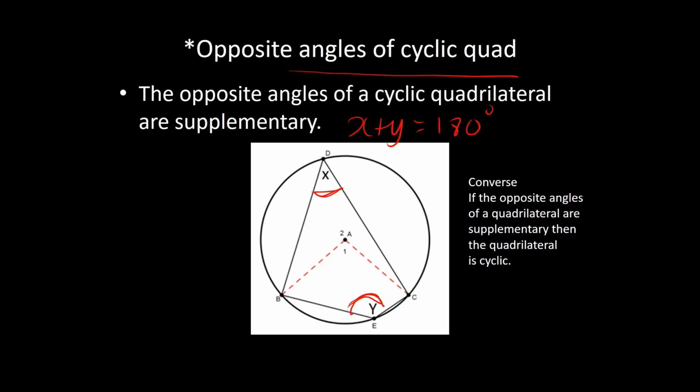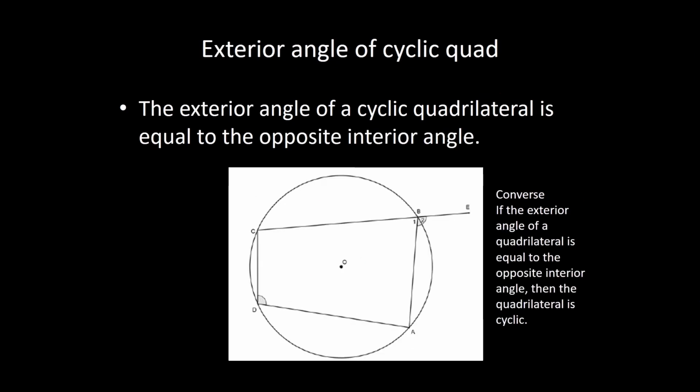The converse of this, which is what we will use to prove that a quadrilateral is cyclic, is that if we know that X plus Y, which are angles in a quadrilateral, are in fact supplementary, so they do add up to 180, it means that the quadrilateral must be cyclic.